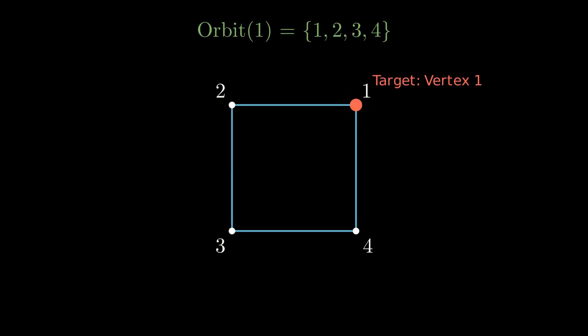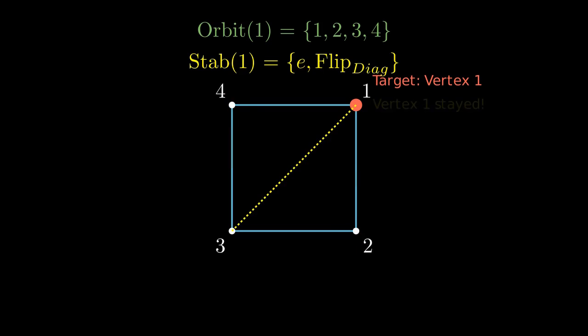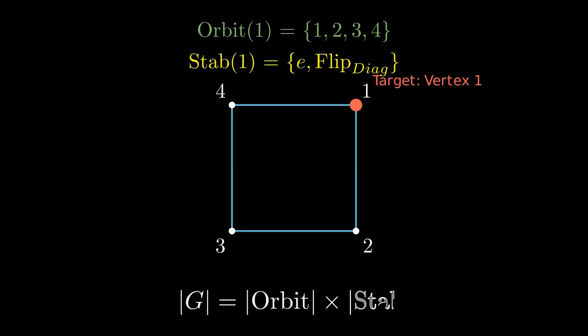So the orbit of 1 in this square is all the elements. It can go everywhere by rotation, and its stabilizer is the identity and the flip through the diagonal. So the number of elements of the group can be counted by this theorem. The orbit is 4 elements, the stabilizer has 2 elements.